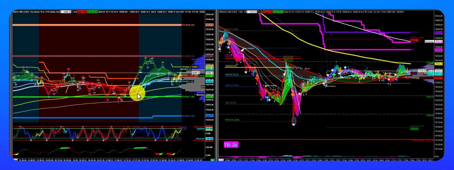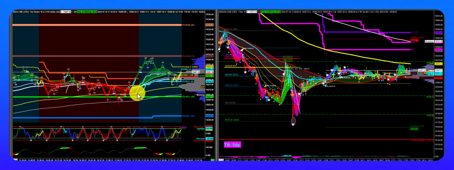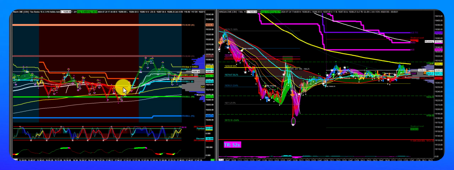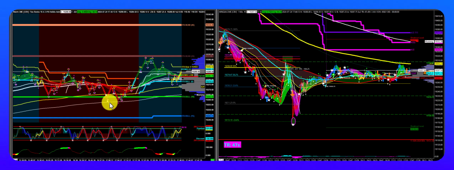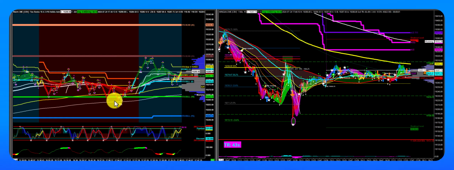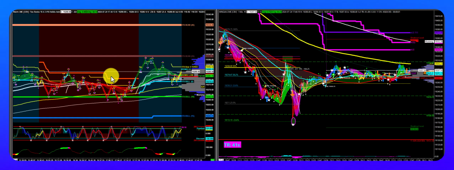And a footprint reader of the ES, somebody who can read the footprint of an ES, cannot read the footprint of the NASDAQ the same way because it's not the same. But with Monkey's assistance, we have added a couple things in here to help identify these reversals to make it a little bit easier.